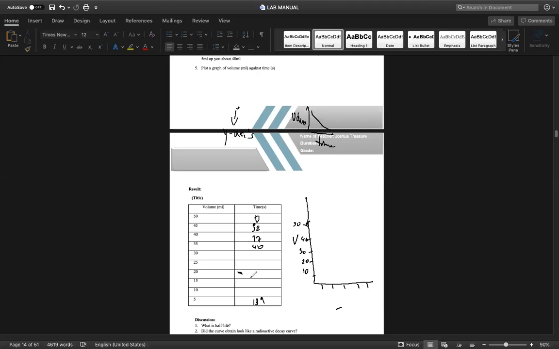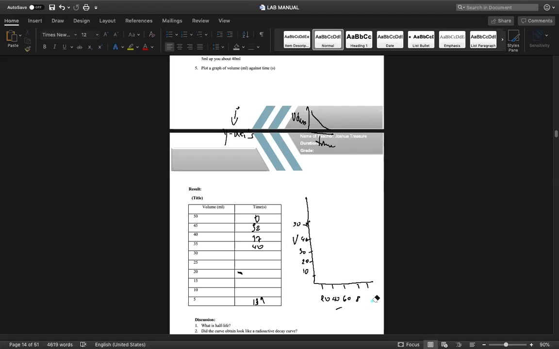I won't write each of these. You have 0, and then the last value is 139, approximately 140. So let's place, say, 150 here. You can go up by 20, or it depends. So 20, 40, 60, 80, going up.